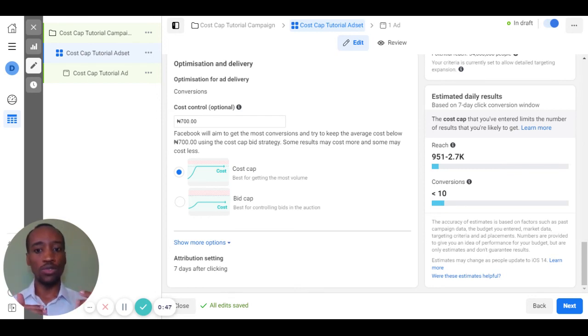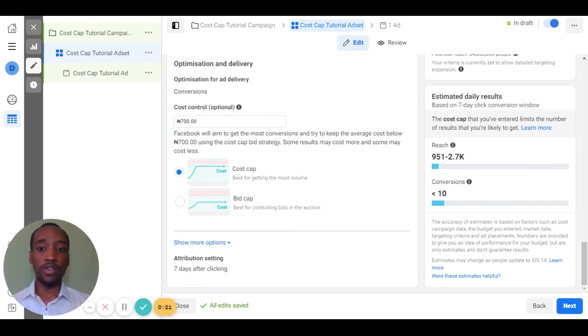So how do you know what your cost cap should be? It is when you know what your cost per result really is that you can determine your cost cap, which can be maybe about 20% above what your cost per result is, so that you have an allowance in terms of distance, so that the algorithm can bid very effectively.